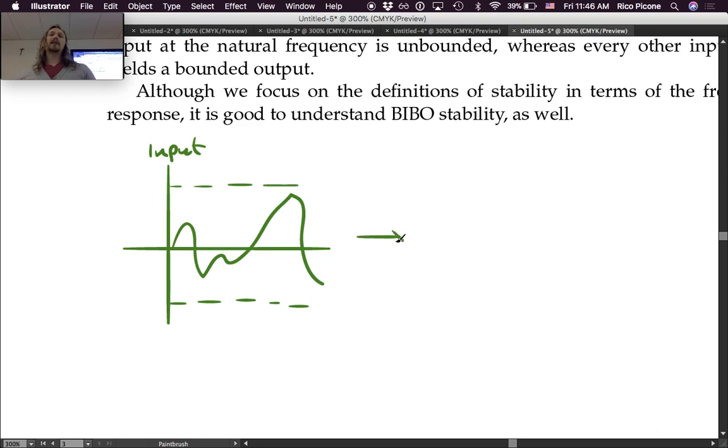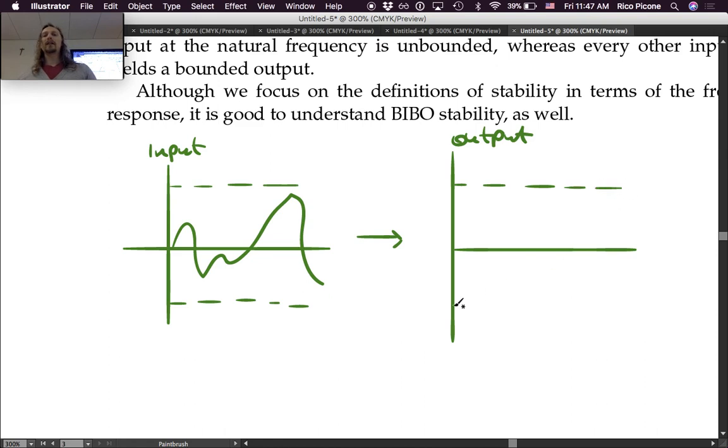If you put that into the system and you get out an output that's bounded, they don't have to be the same bounds. They can be other bounds. But if you can draw some bounds on the output as well, then it's BIBO stable.